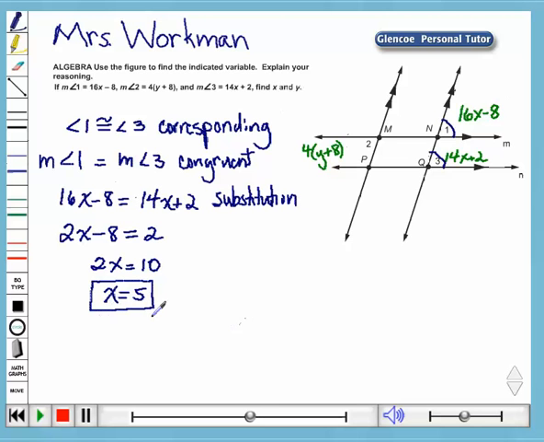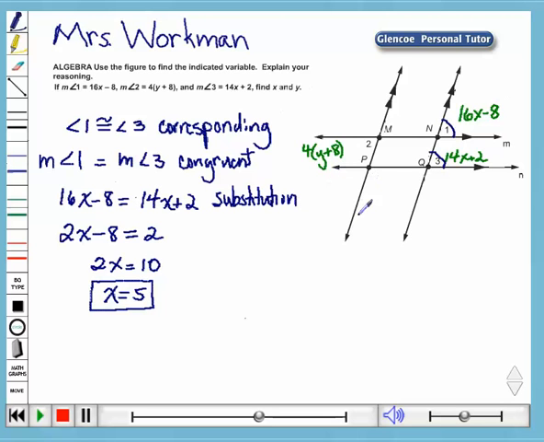Now that we've found our x, we still need to find the y. And so we're going to go back and look at our diagram, and we realize that the measure of angle 2 contains the y. And so we need to use angle 2 to write an equation.